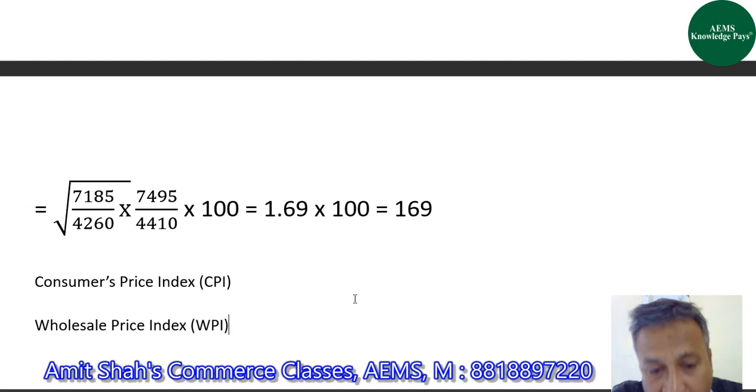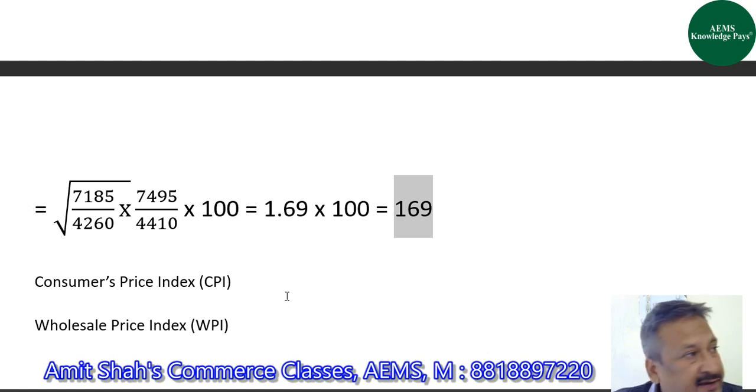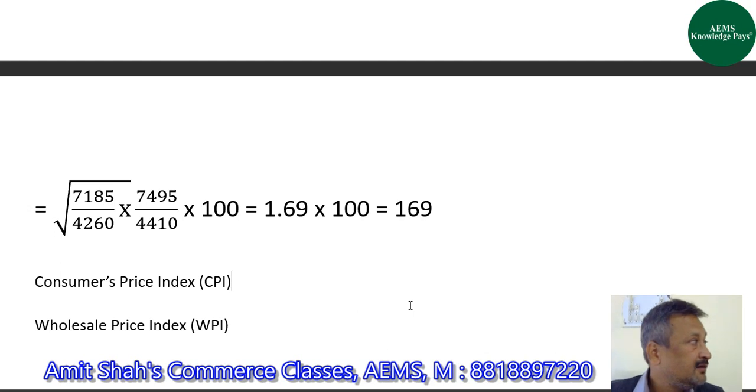Both these indexes are used to know the rate of inflation in the economy. Like here, we have found the index number as 169, which says that in the current year, prices have risen by 69% as against the base year. And rise in price tells us about inflation, right?